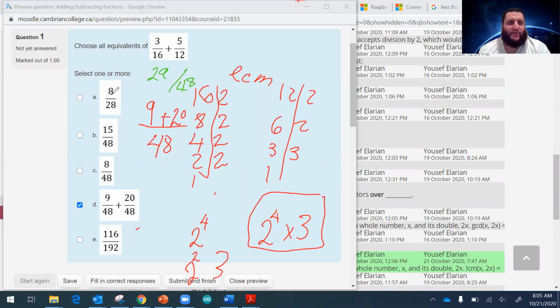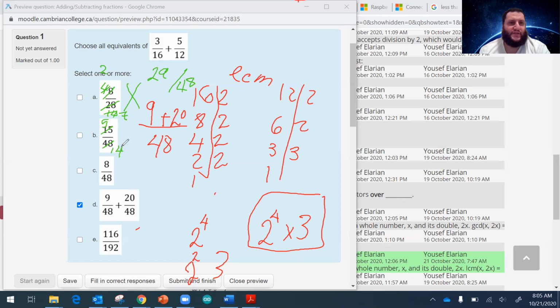Is this 29 over 48? It is apparently not, but we have to say divided by 2, divided by 2, it's a 14, divided by 2 again and again, it should be 2 over 7, and the answer is no. Is this 29 over 48? Divide by 3, here it's a 5, here it's a 14.